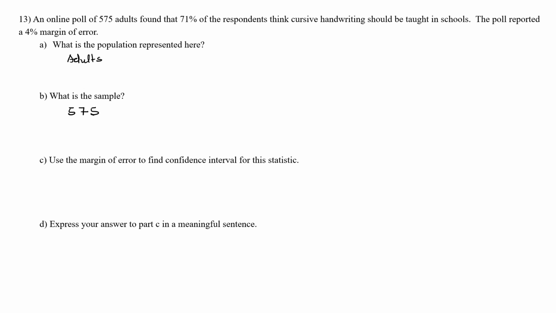Now, with a margin of error of 4%, what that means is we have 71 minus 4, and that gives us 67. 71 plus 4 gives us 75. And so our confidence interval is from 67% to 75%.